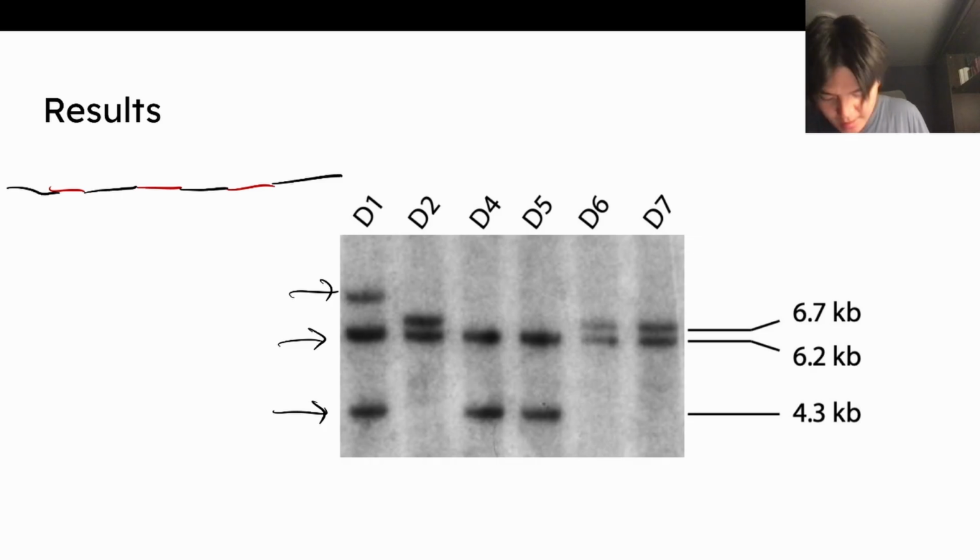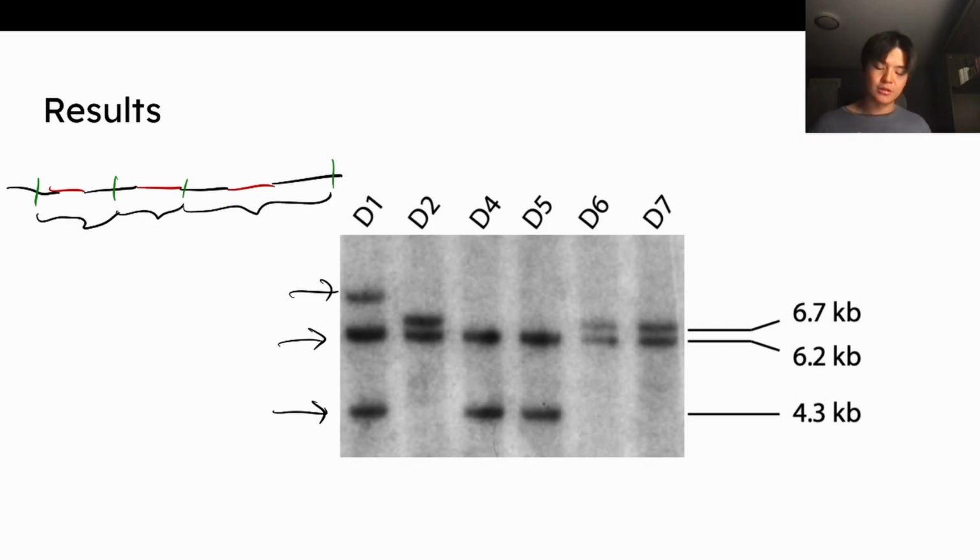Our digest enzyme might cut it like this, and then like this. And we see we get 3 different lengths that contain the gene. And that's basically what we're seeing here, or like here, for example. And so this basically just lets us see where these genes are, or sorry, how many of these genes are there, and if they're there. That's basically the idea of the Southern blot.